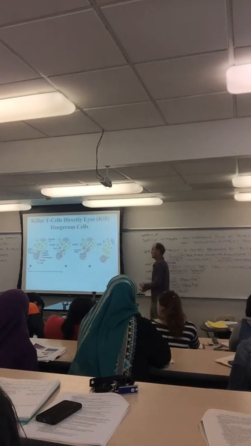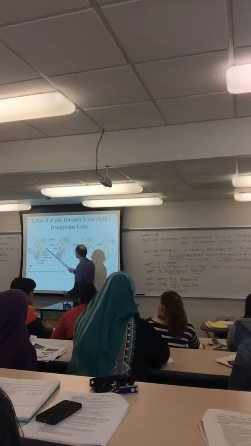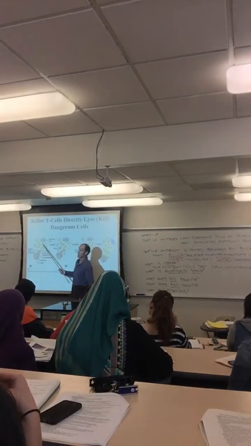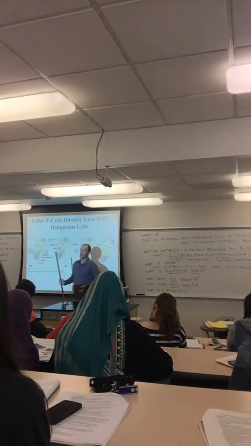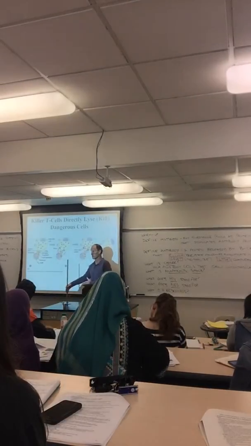The killer T cell has its own way of punching holes through. So you'll notice right here, the infected cell, let's say it's a cancer cell, or maybe it's a cell infected with virus. And this is the thing, you actually do have to at some point maybe kill your own cells to clear a disease.